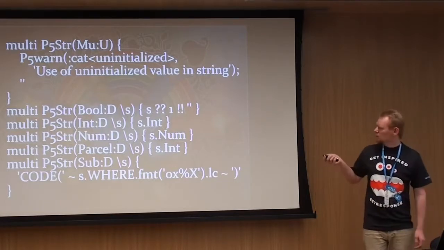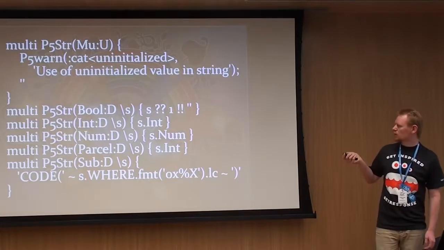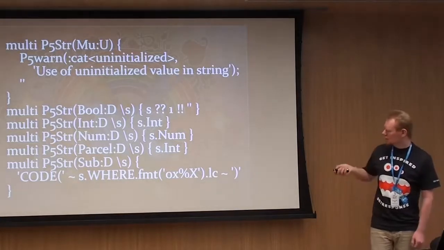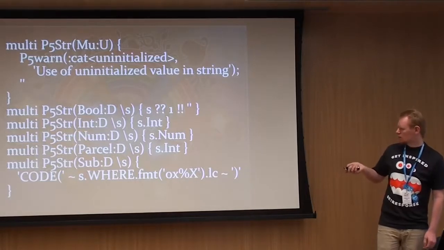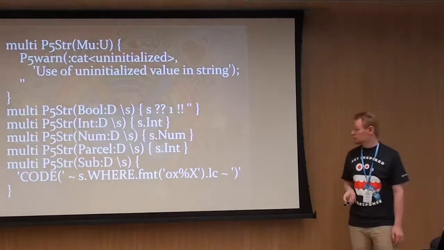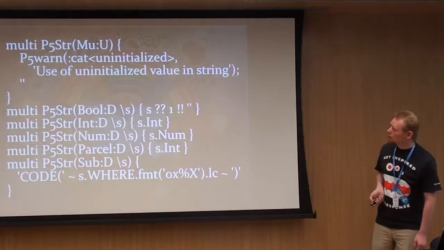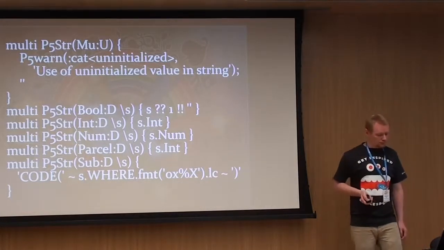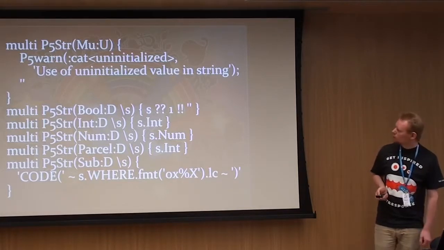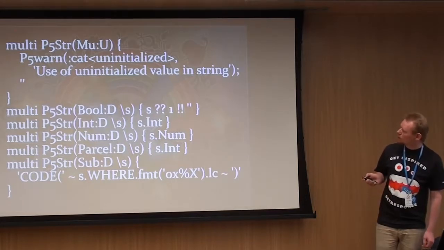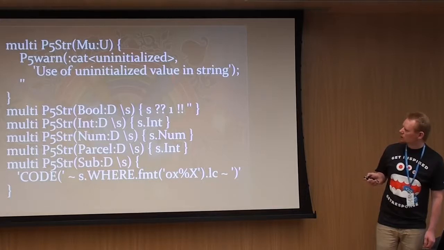So a boolean is not printed as true, it's printed either as 1 or empty string. And the subroutine is printed as code and some memory address as a hex value. And here is the warning that gets printed in case warnings are turned on for the category uninitialized when the string you're trying to print is uninitialized.